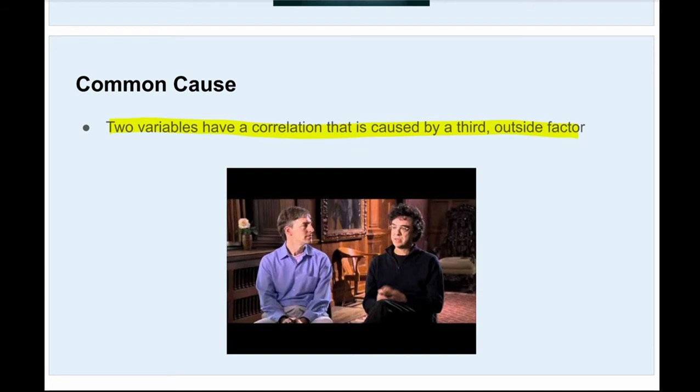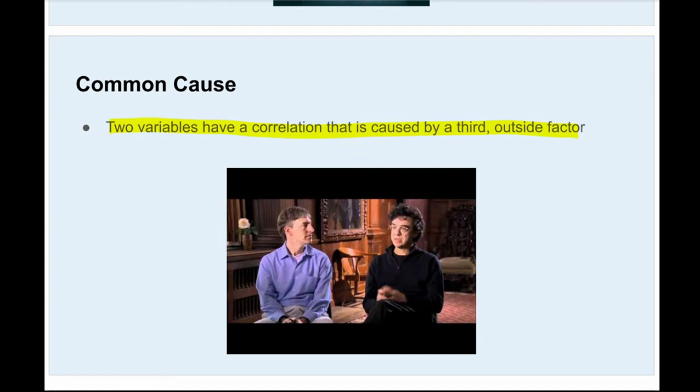So in the past, they found that as ice cream sales increased, so did the occurrence of polio among kids. So some people were making the claim that ice cream is causing polio. Again, common sense states that's completely ridiculous, but there is a correlation there. We do see that there is a correlation between those two variables.